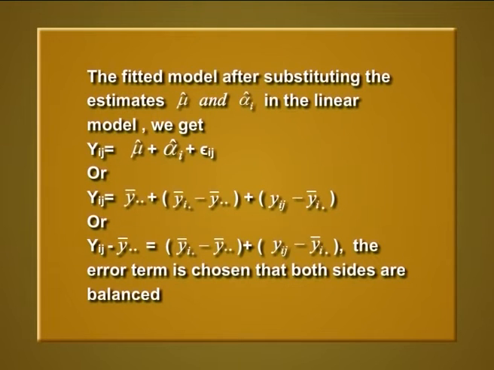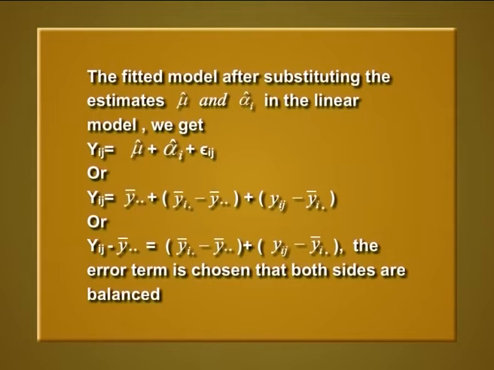The fitted model: after substituting the estimates mu hat and alpha_i hat in the linear model, we get y_ij equals mu hat plus alpha_i hat plus epsilon_ij. Now, substituting the values of mu hat and alpha_i hat in the above equation, we get y_ij equals y bar dot dot plus y bar i dot minus y bar dot dot plus y_ij minus y bar i dot.